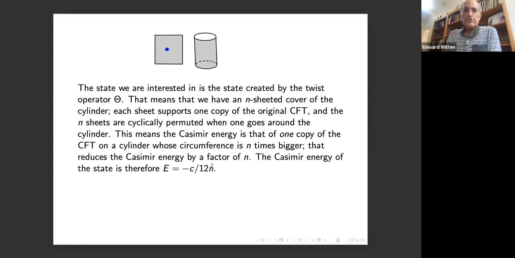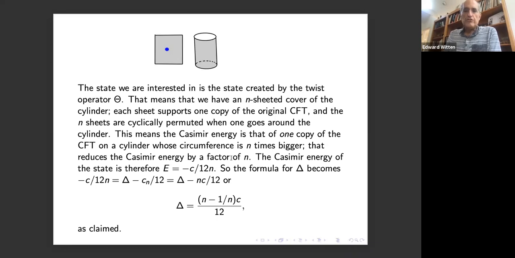So the Casimir energy of the state is minus c over 12n instead of minus c over 12. So the formula becomes that the energy, minus c over 12n, is delta minus cn over 12, where cn is n times c. So we get the answer for delta, the dimension of this twist field. And that leads to the formula for the entropy ultimately.